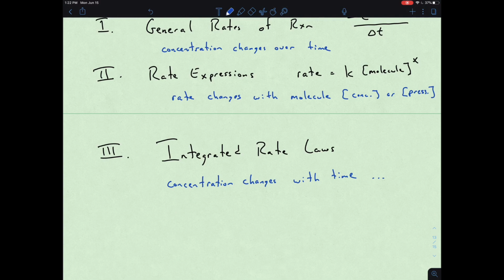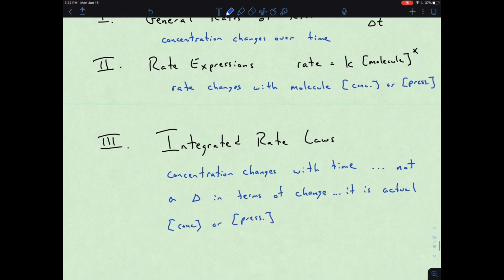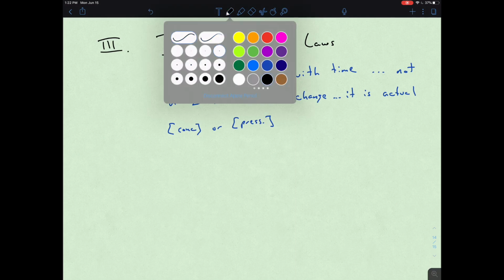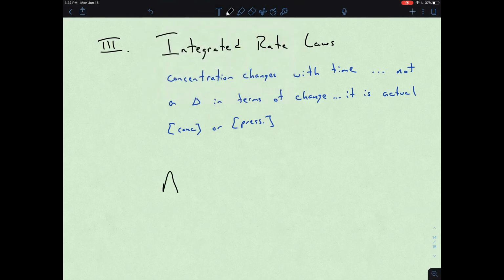And it's not a delta in terms of change. It is actual concentrations or pressure. And so it's really a combination of the rate expressions that we have from Roman numeral 1 and Roman numeral 2.